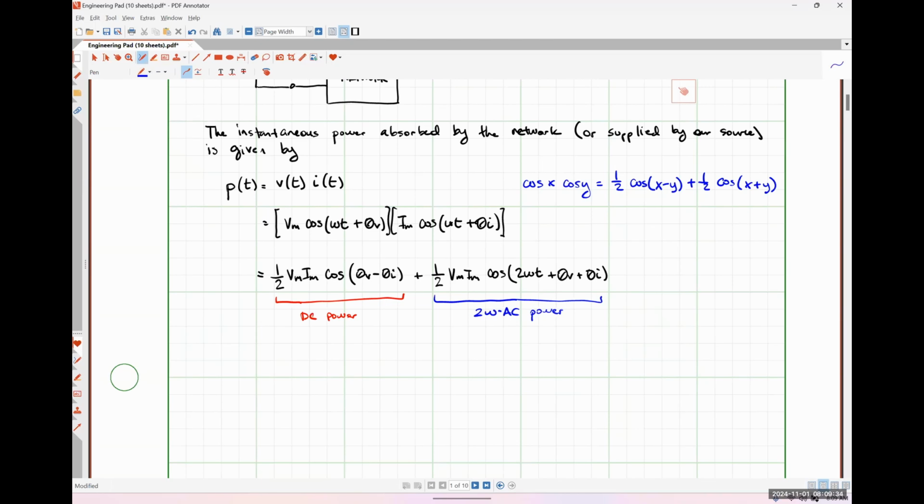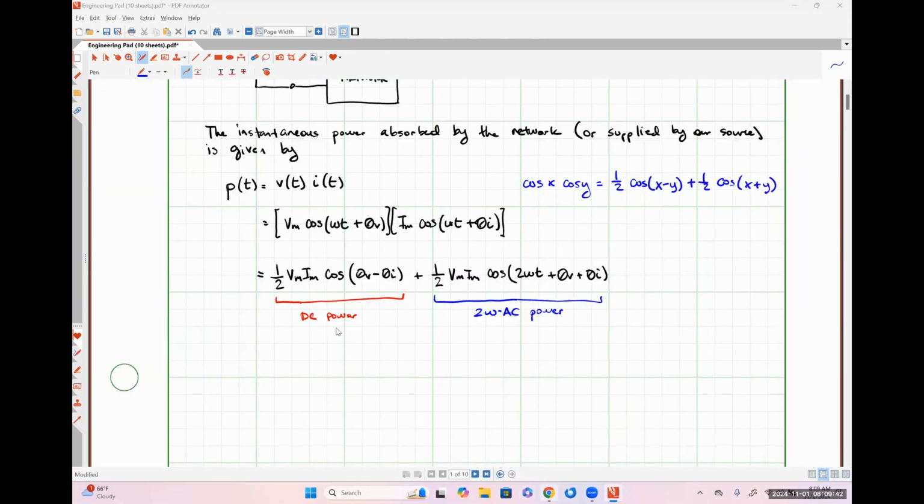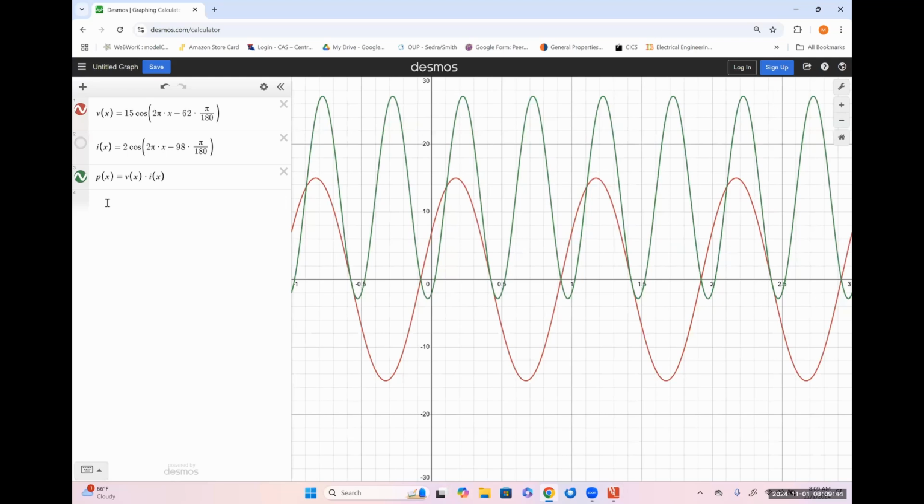So I'm going to put another plot on Desmos really quickly. I'm going to call this P2. And this is just going to be the DC part, okay?